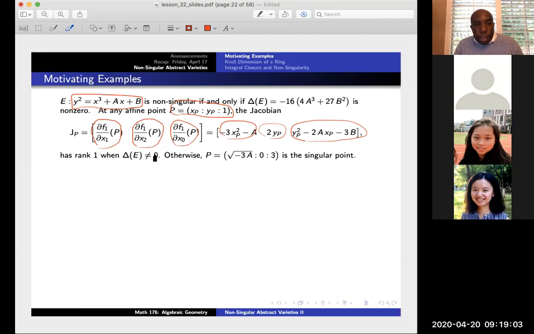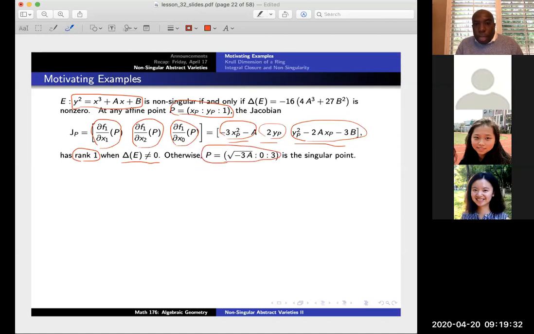So this always has rank 1 when the discriminant does not equal 0. Here's the reasoning. If it does not have rank 1, then I can simultaneously find a point where all 3 of these partials are equal to 0. In that case, it turns out that the only point where this works is this point here.